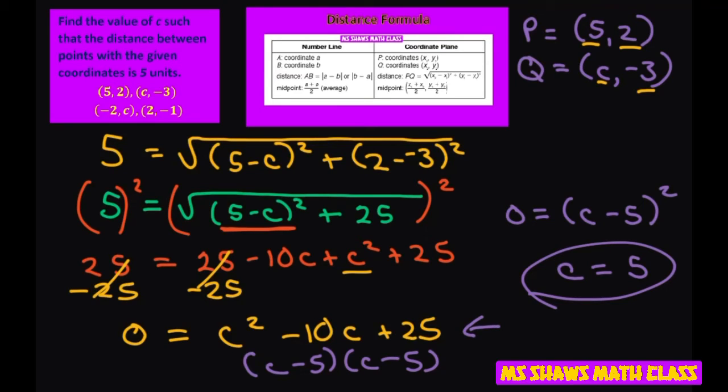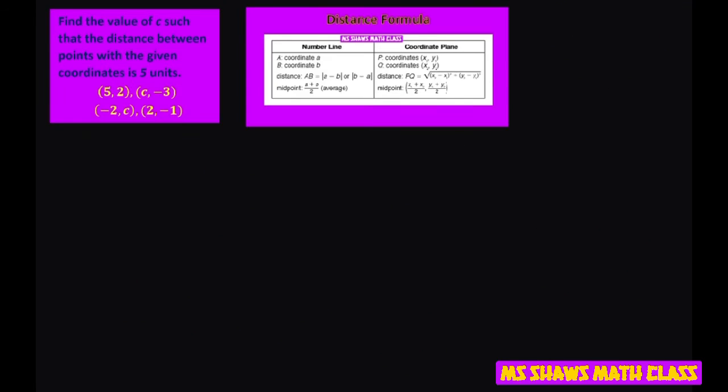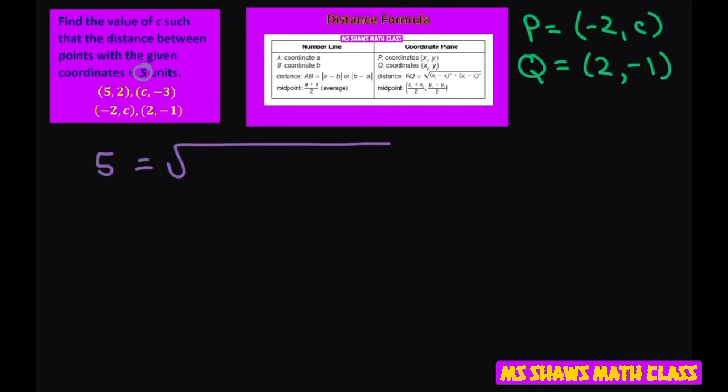Now let's do the second one the same way. We'll let P equal (-2, C), and Q equal (2, -1). And then our distance again is 5. So you have 5 equals the square root, and then we're going to just subtract our x's: (-2 minus 2) squared plus (C minus -1) squared.